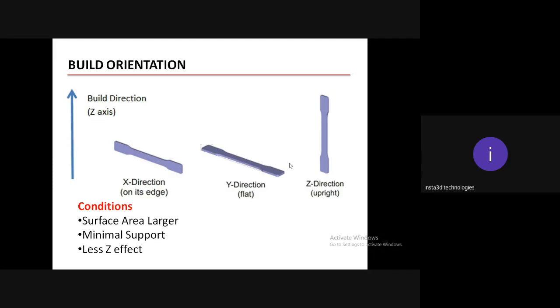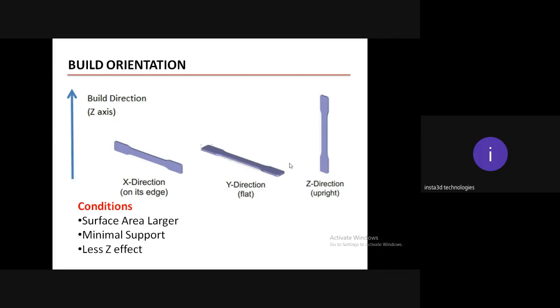Here, if we consider the first one, X direction, the surface area with the build plate is very minimal. So there is a chance of toppling. That means it will be shifted. There is a chance that the head itself hits the object and it gets damaged. The print will be damaged.